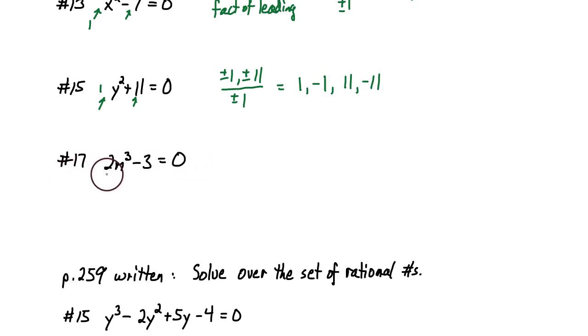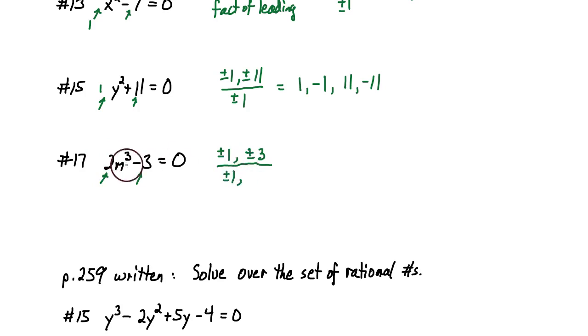Number 17, here's the leading term and here's the constant. So the possible rational answers will come from the following list. Positive and -1 are factors of -3, and positive and -3 are factors of -3. In the denominator, it must be factors of the leading term.